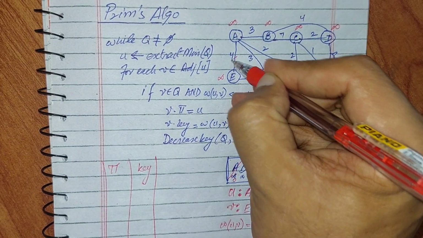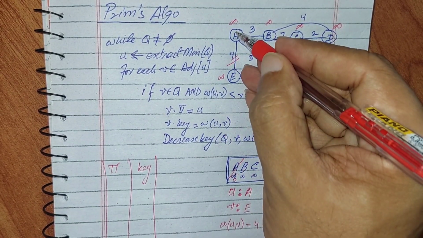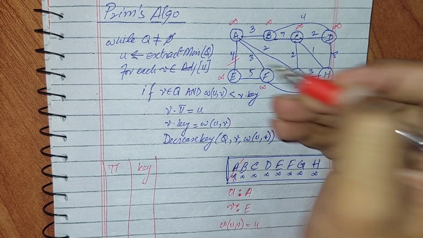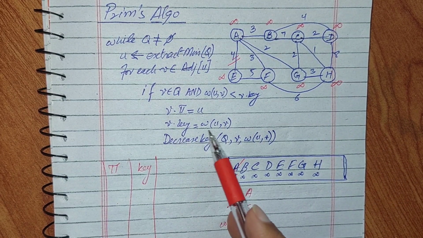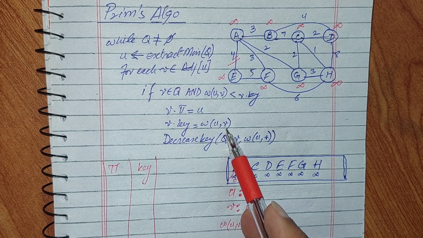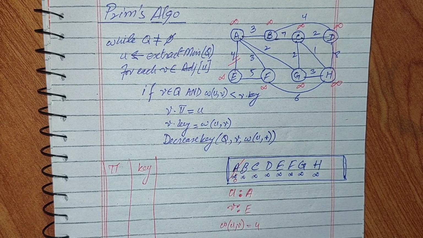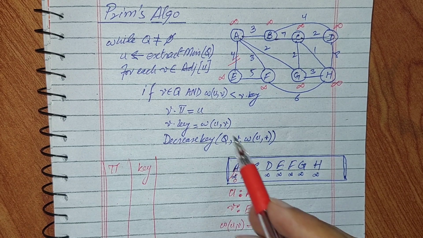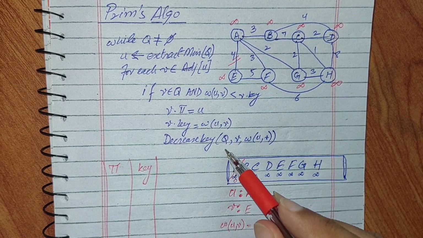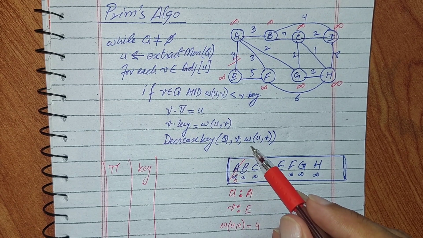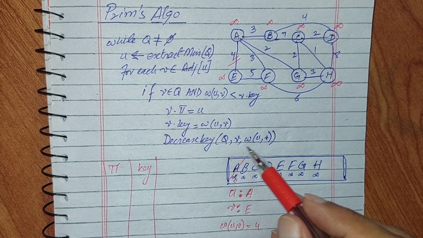So we will mark U as the parent of E. Then what next? V.key is equal to weight of UV. The value of key would be updated to the weight of E, so that is decrease-key Q, V, W comma weight of UV.